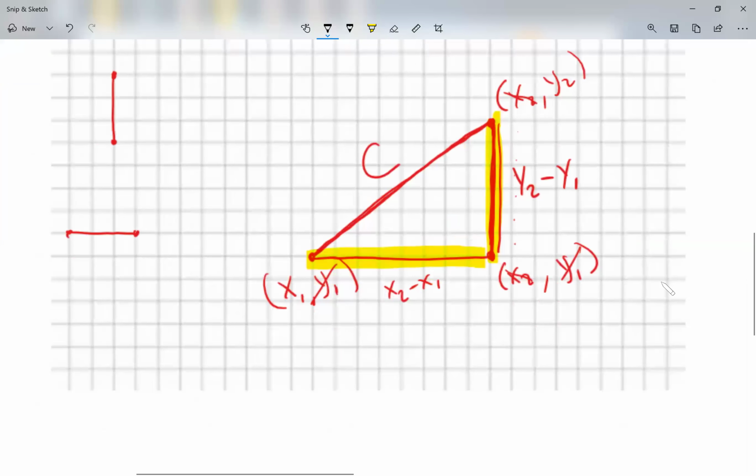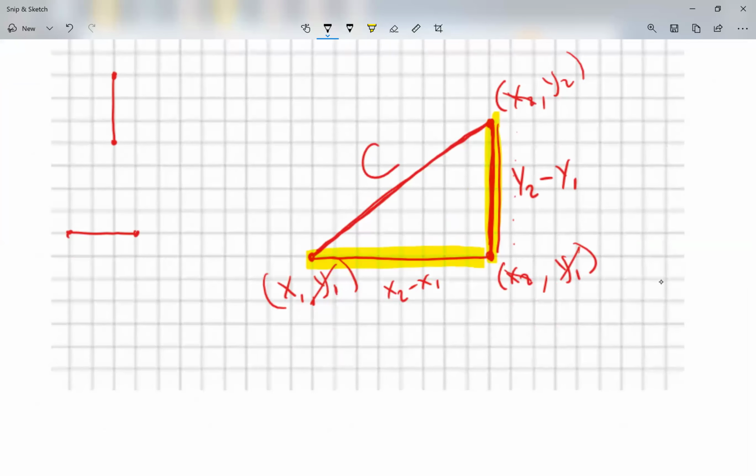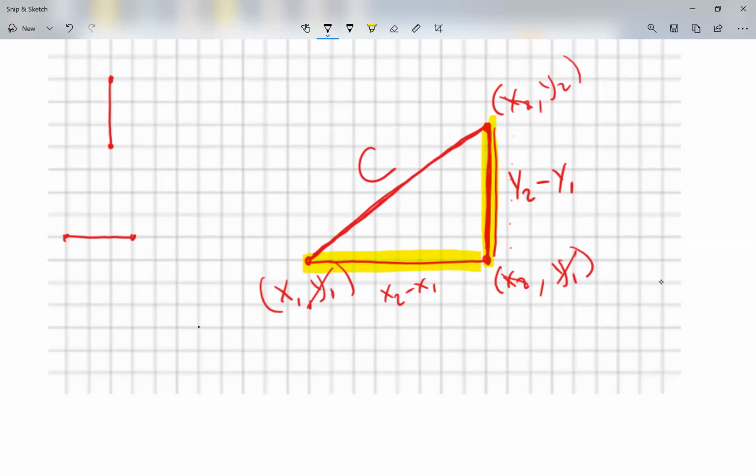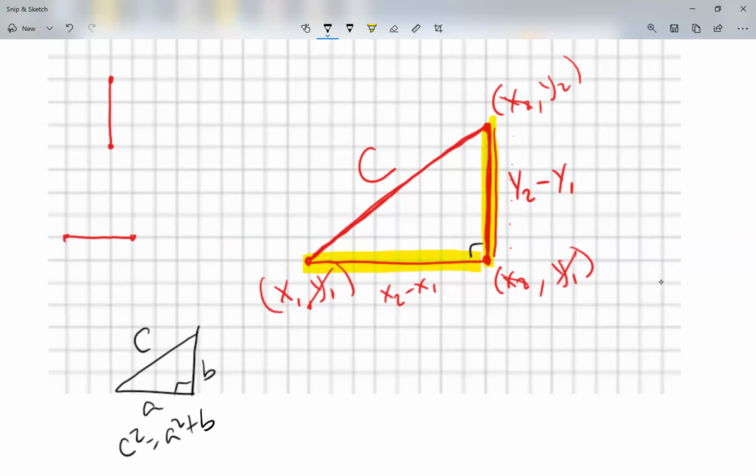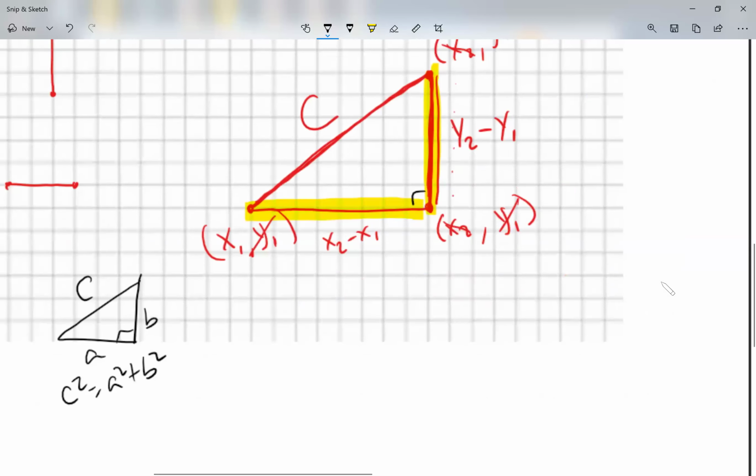I remembered back in the days we used to have a right triangle, and that's what we have here. And you remember I used to call this side C, this is A, this is B, and people used to call it C squared is equal to A squared plus B squared. Remember that? So let me write that down here.